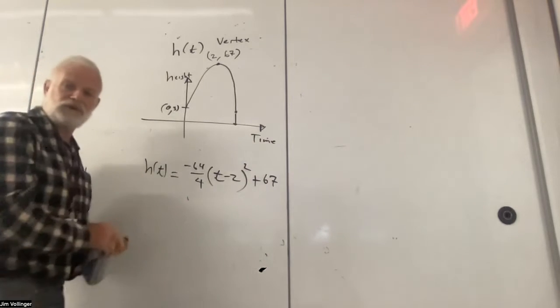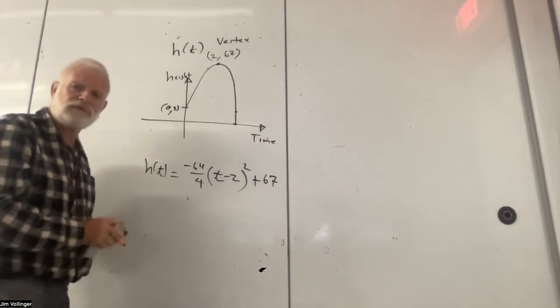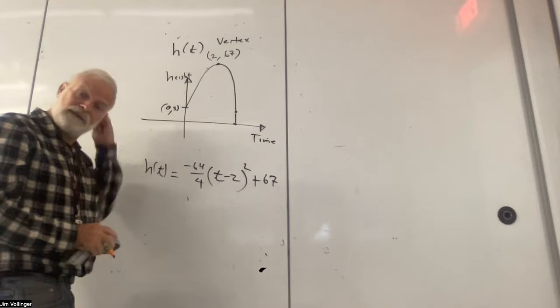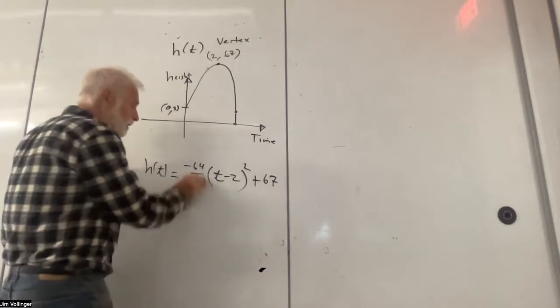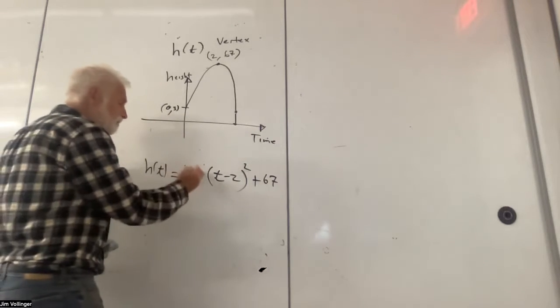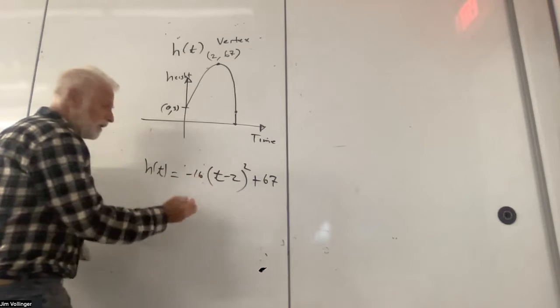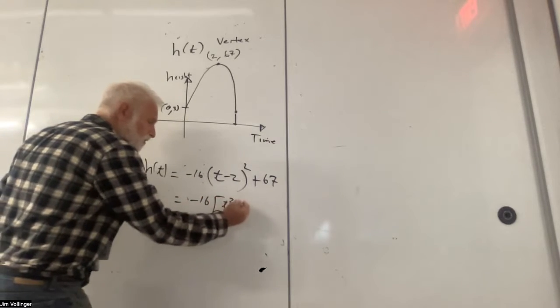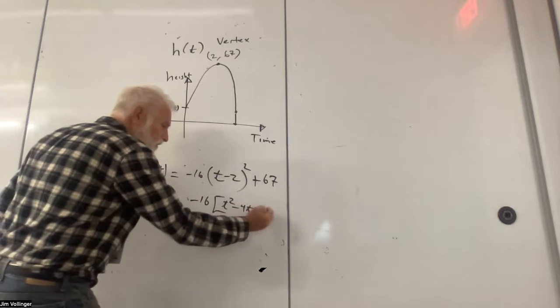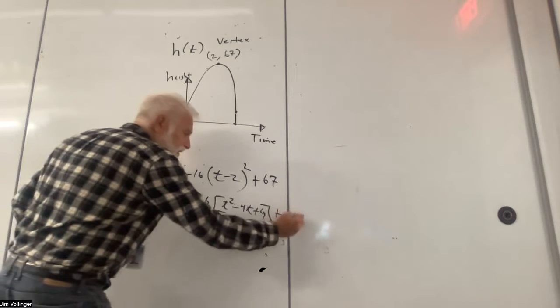And the first thing I'll do is use the eraser so I don't have to write so much and take so much time, because this video will take a little while. That's minus 16. What have you been learning in class? The shortcut for binomial squaring: square the first term, double the middle product, square the last term, and then add 67.